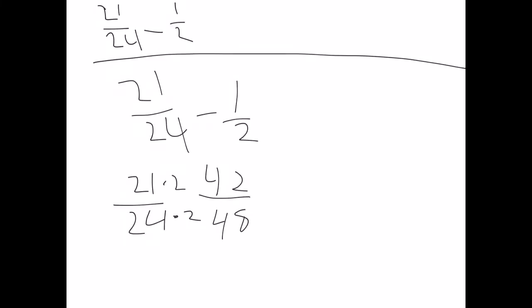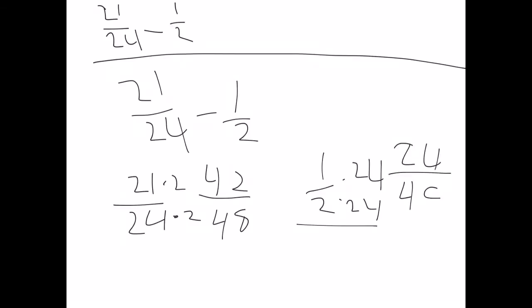And then you're going to want to do the same with the 1/2, 24, and that equals 24 over 48. Then you just don't want to solve it like a normal one. It is 21 over 24 minus 24 over 48.